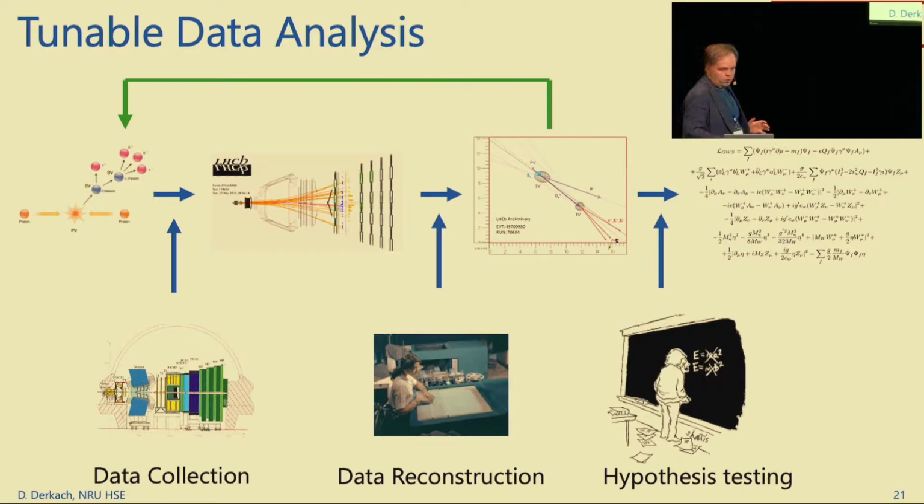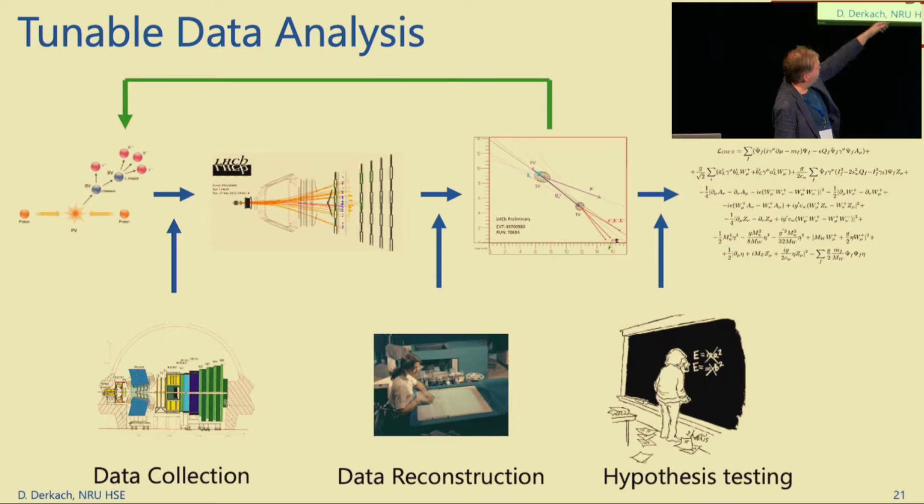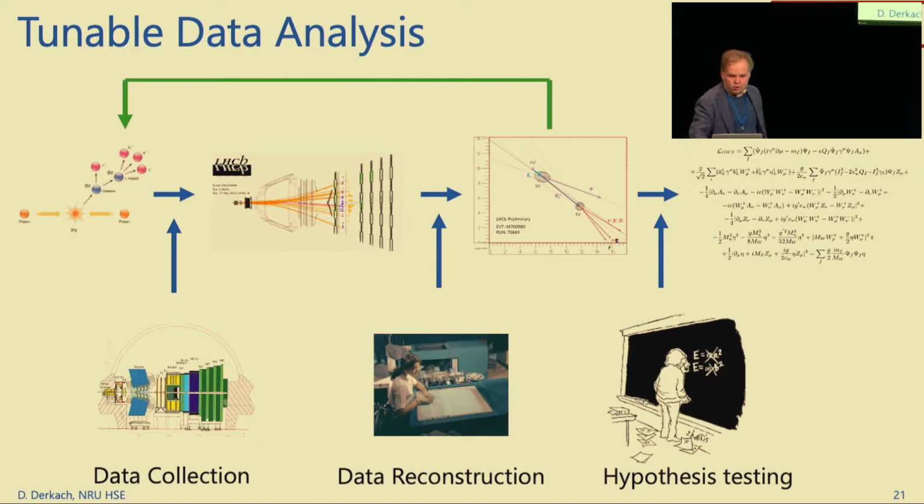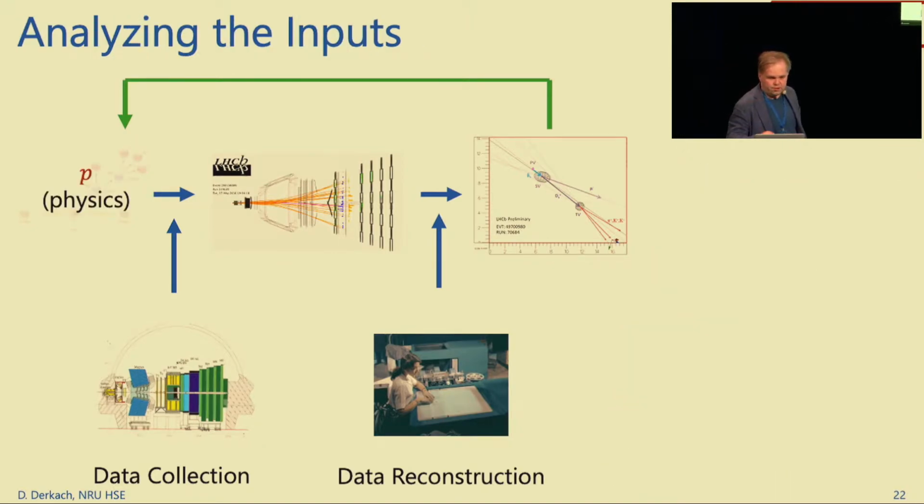So we need to understand what we measure. We measure properties of the particles that are created inside the collider, and these properties are measured in two steps: data collection and data reconstruction. What we want is to understand what is inside the event.